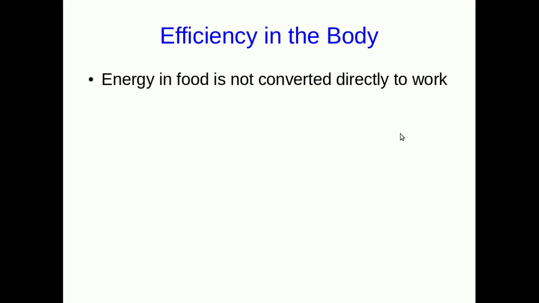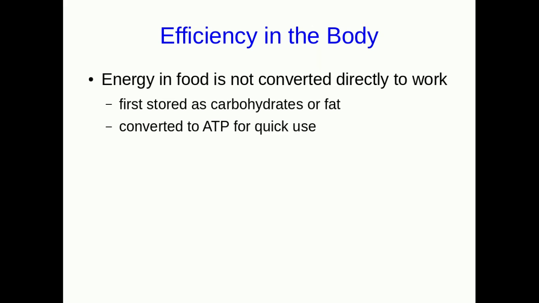So now we come to talking about the efficiency that your body works with. When you take in food energy, that doesn't all get converted directly to work. First, your body will typically store it as fat or as carbohydrates, and it'll convert some of that to ATP as needed for quick use.